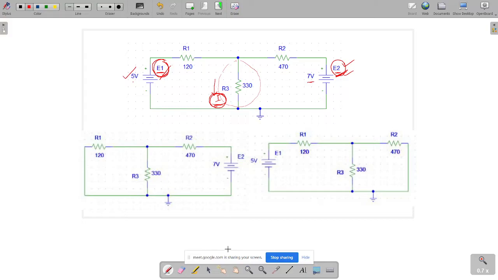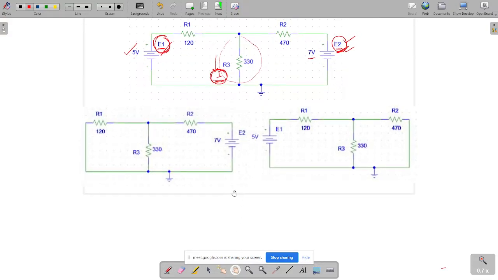In order to make it more clear, let me first assume this circuit. Let us assume this second circuit. What is the difference between the first and the second circuit? The only difference is that there is no E1 voltage source here. E1 is absent. So let us consider this circuit only has E2 active.